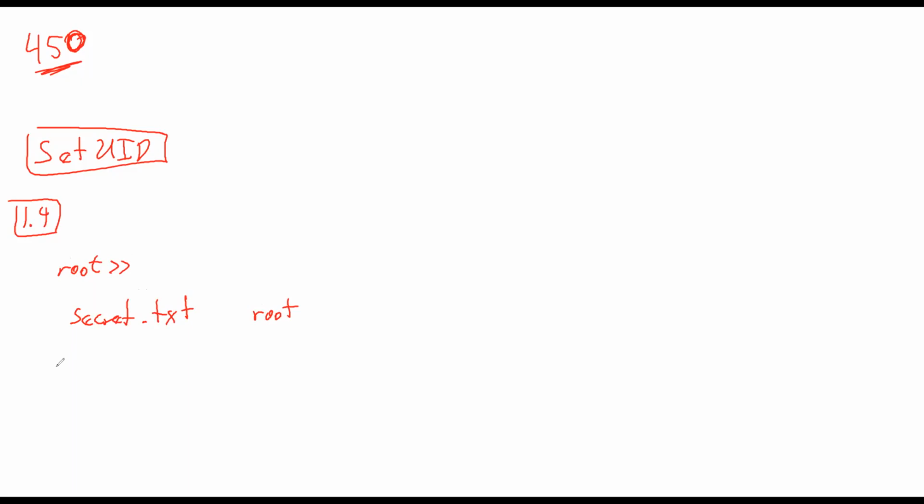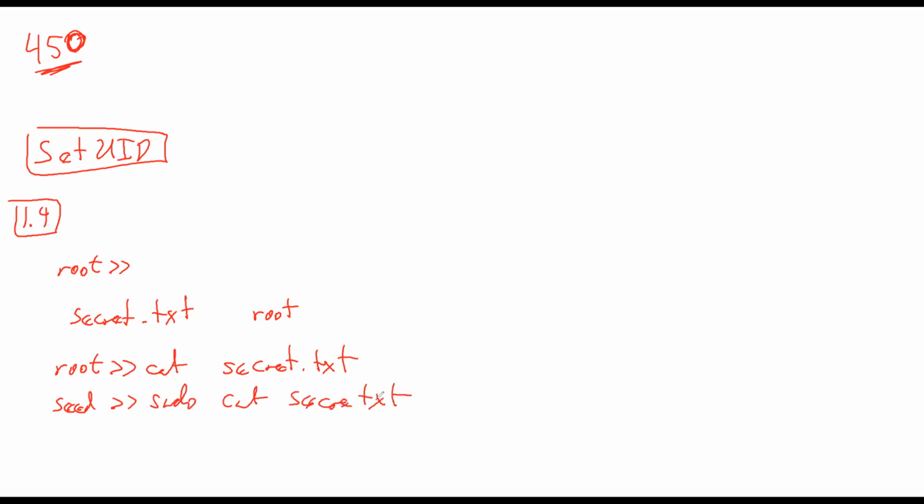So if you do root cat secret.txt, you'll be able to read it. That's logical. If you're seed but you do sudo cat secret.txt, you'll also be able to do it, because you're a sudoer.